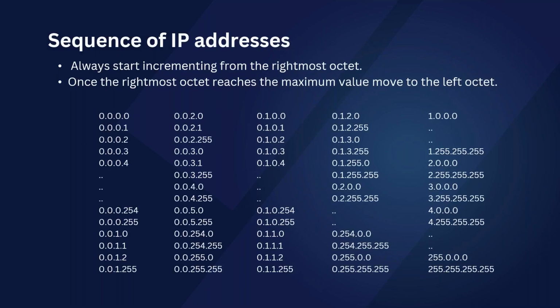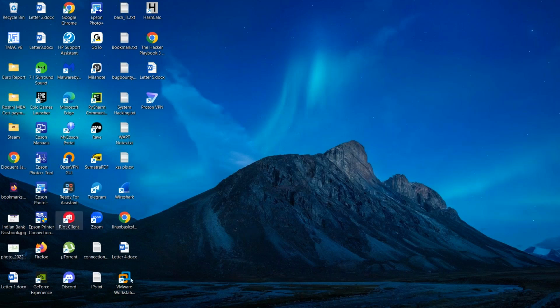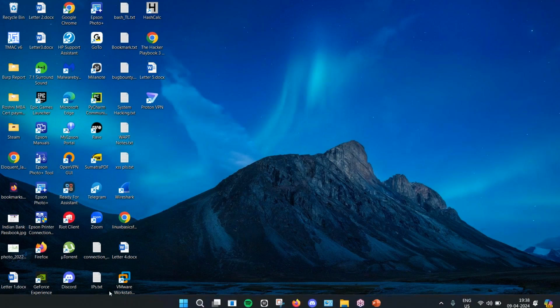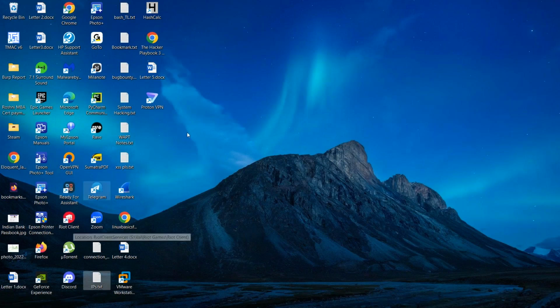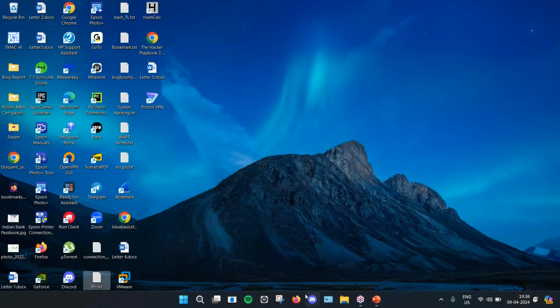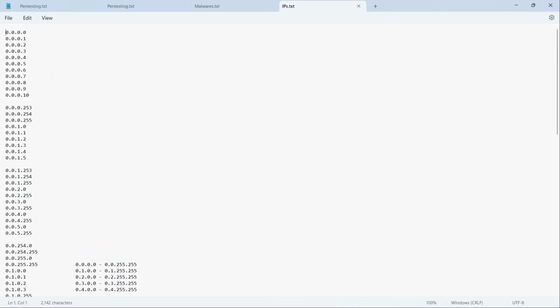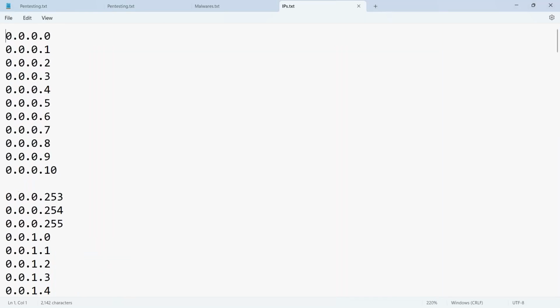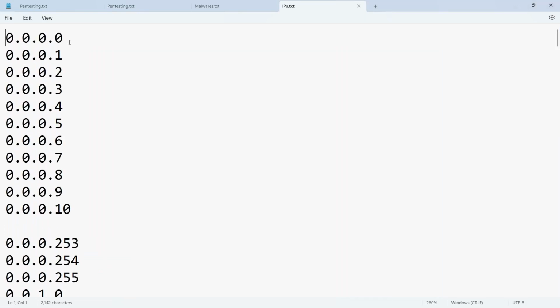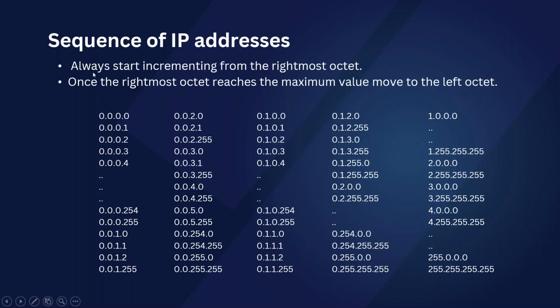Rule number one is you start incrementing from the rightmost octet first. Now what I mean by that is, if I show you this with a list of IPs, just a second. Yeah, much better. So now we know this is the first IP here, 0.0.0.0. And if you have to get the next IP, guys, rule number one, you always start incrementing from the rightmost octet.